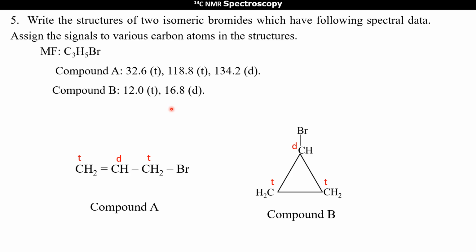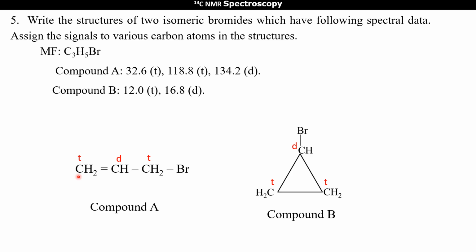When a double bond is present, the carbon atom is in the sp2 hybridization state, and in the case of compound A, these two values indicate these two carbon atoms are in the sp2 hybridization state. 32.6 triplet indicates it is a CH2 group, and 118.8 also indicates a CH2 group, but the carbon atom is in the sp2 hybridization state. 134.2 doublet indicates the presence of a CH group, but the carbon is in the sp2 hybridization state.